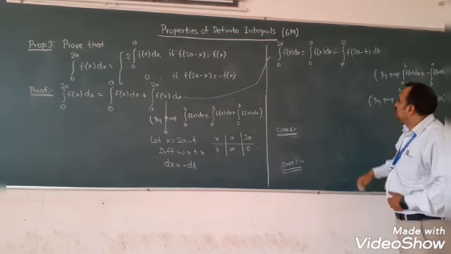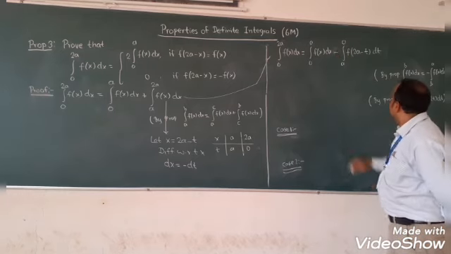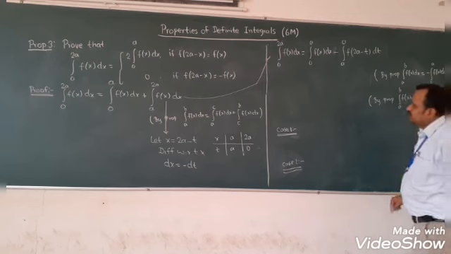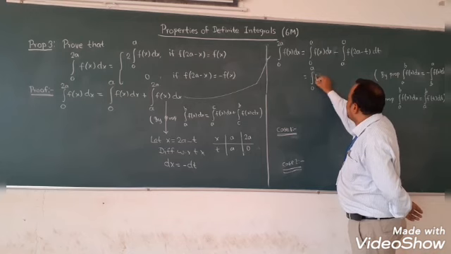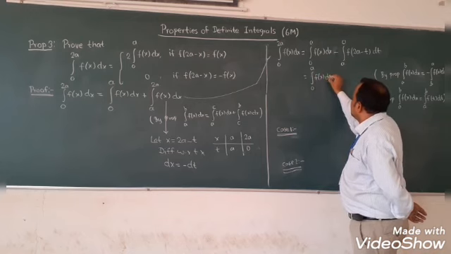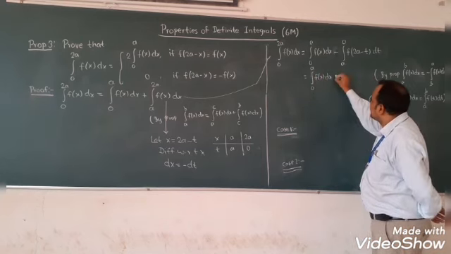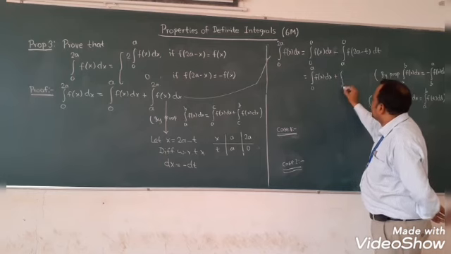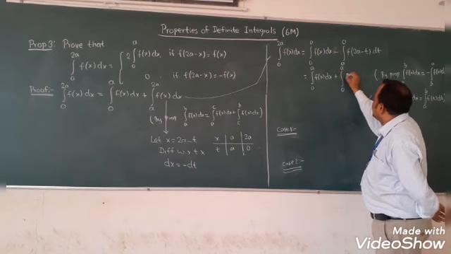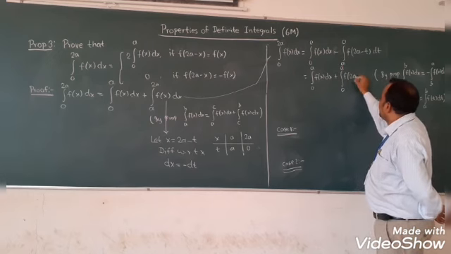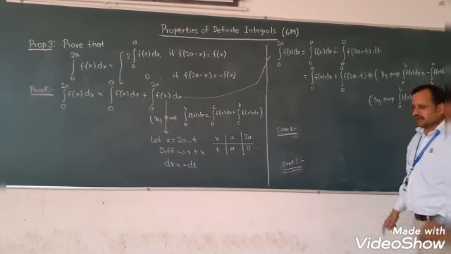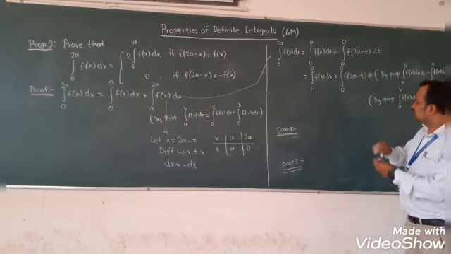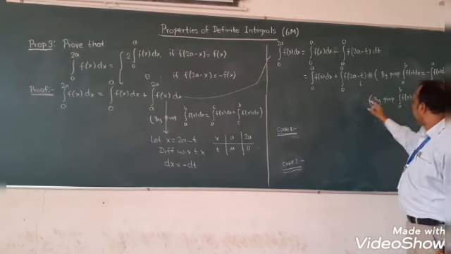Now see here. Now to eliminate minus, make use of this property. So this we can write as 0 to a f of x dx. So to eliminate minus, plus will come, limits will get changed. So 0 will come down, a will go up, and here I can say f of 2a minus t dt. Now, in place of t, can we write x or not by using this property?